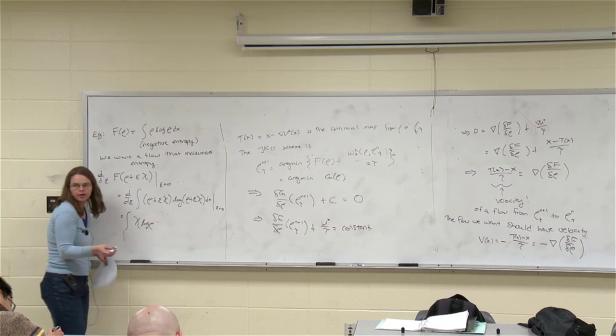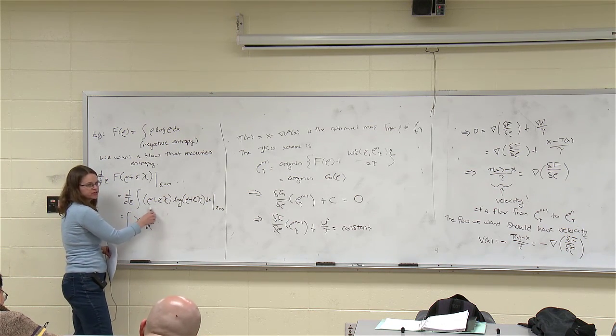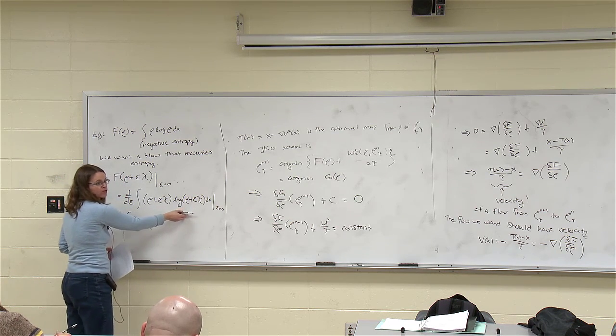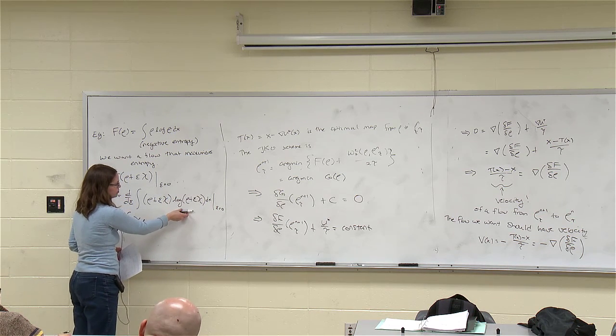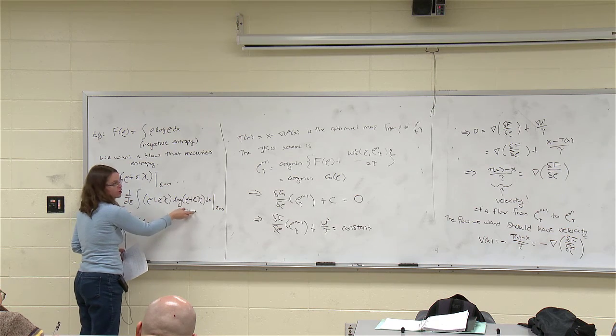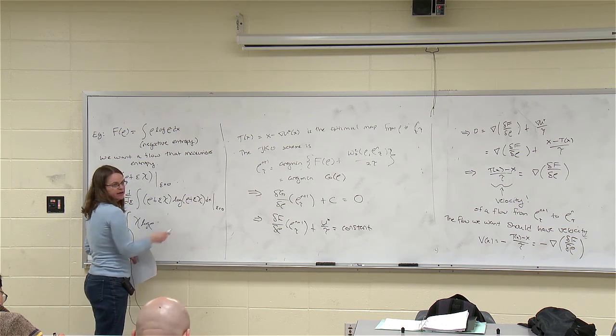And then just the product rule, there's nothing complicated here. I keep this fixed and set epsilon to 0, so I have a rho. I take the derivative of the log with respect to epsilon, so I get 1 over all of this: rho times 1 over rho times the derivative of the inner part with respect to epsilon, so that's chi.